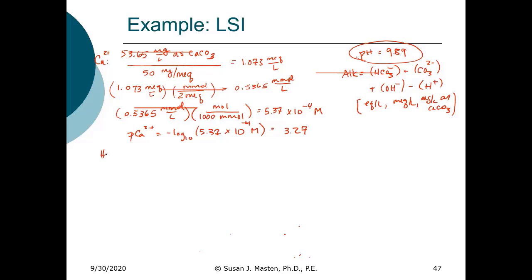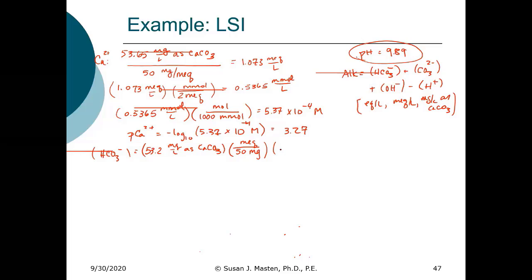So my bicarbonate concentration is equal to 53.2 milligrams per liter as calcium carbonate. Again, we've got 50 milligrams per milliequivalent. I'll do the conversions all at once.